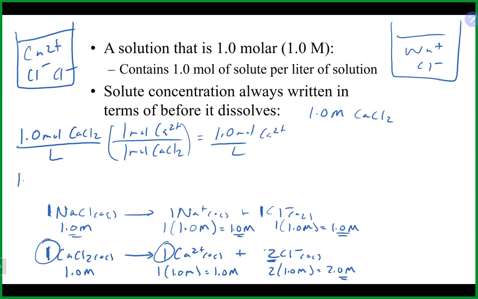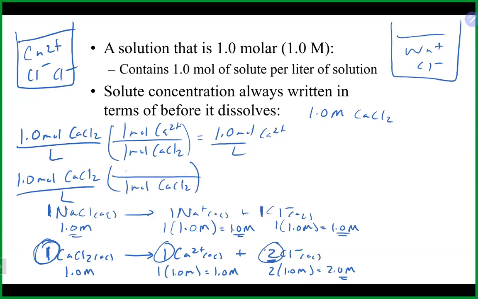We do the same thing for our other ion, 1 mole of the whole thing per liter. It is a 1-to-2 relationship there. 1 mole of the whole thing gives us 2 moles of the chloride, and that gives us our 2 moles per liter of chloride ions.